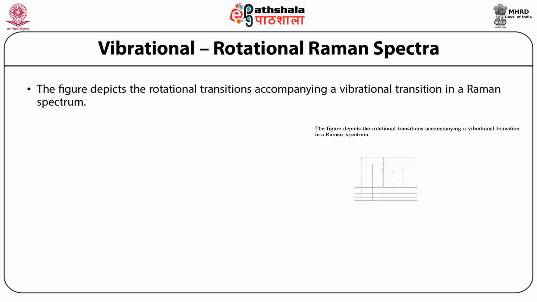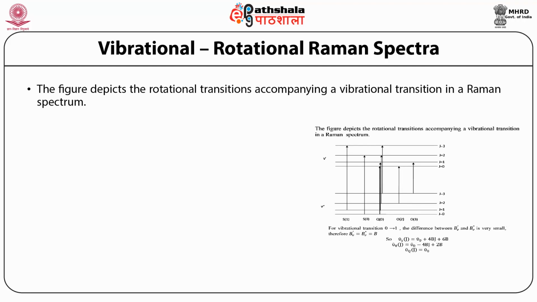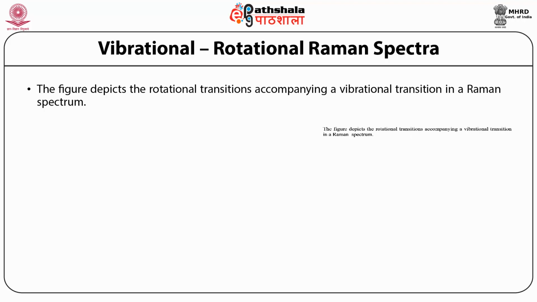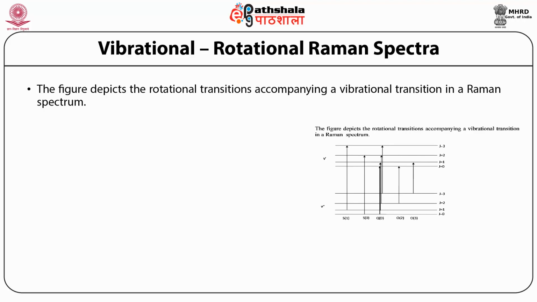The figure depicts the rotational transitions accompanying a vibrational transition in a Raman spectra. The figure shows the corresponding J values 0 to 3, for nu double prime and nu prime, again with J values 0 to 3.